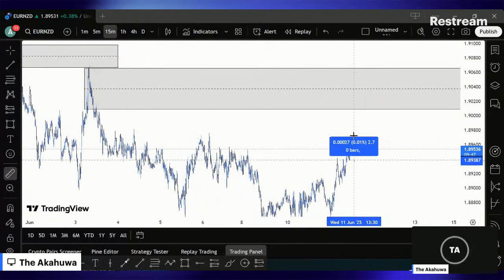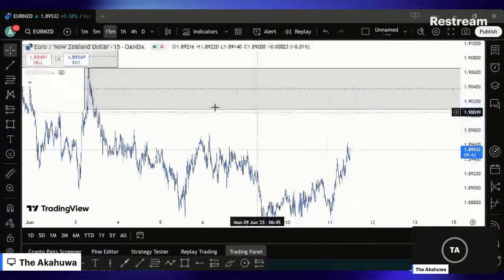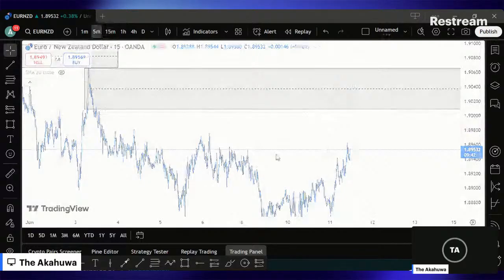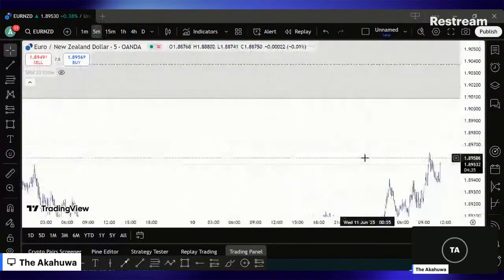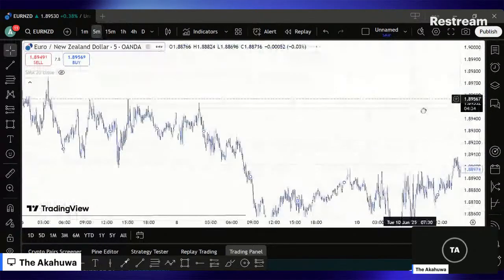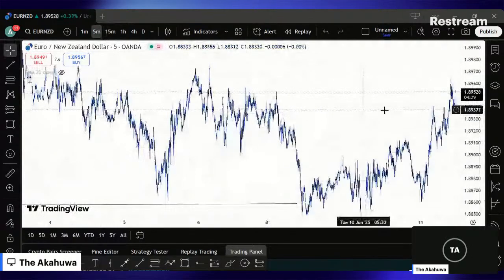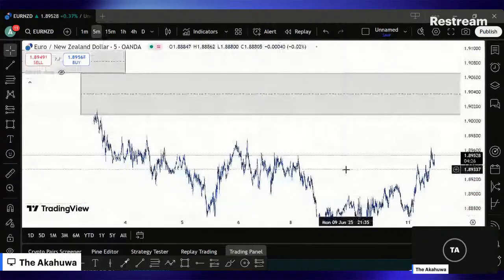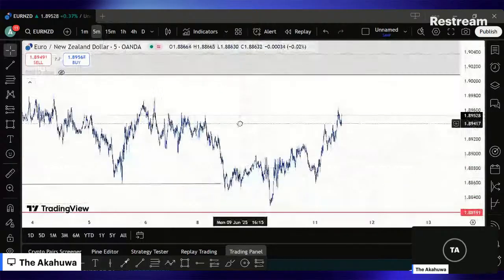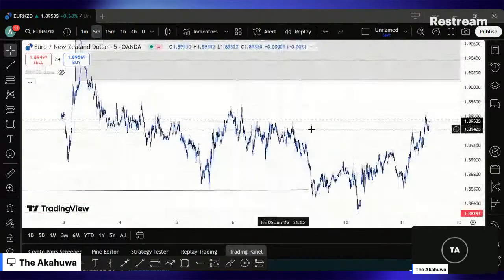Let me see. This Euro NZD has pips count. So jumping for a buy does not make sense to me.